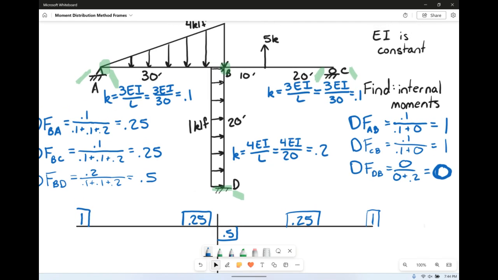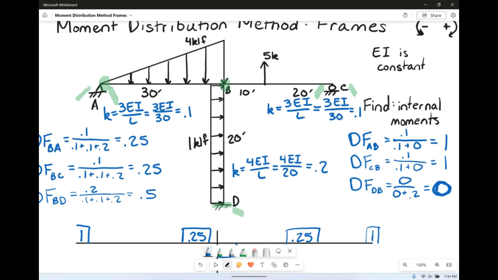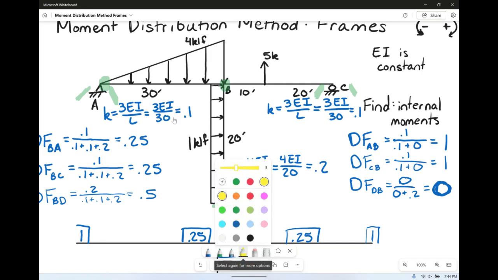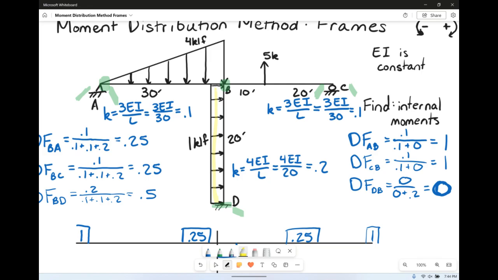Now what we need to do is find all the fixed end moments based on our loading. And we have 3 loading situations. We can start with our first loading situation, which is uniformly distributed. We can find it for a uniformly distributed load with 2 fixed ends.